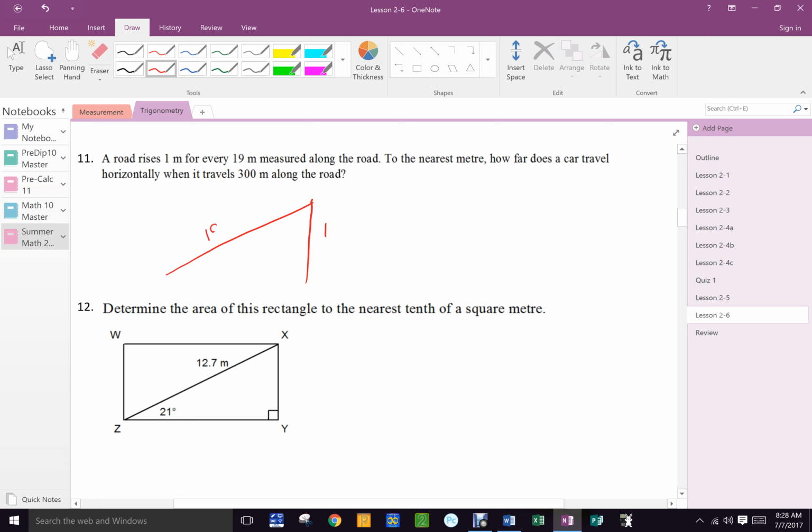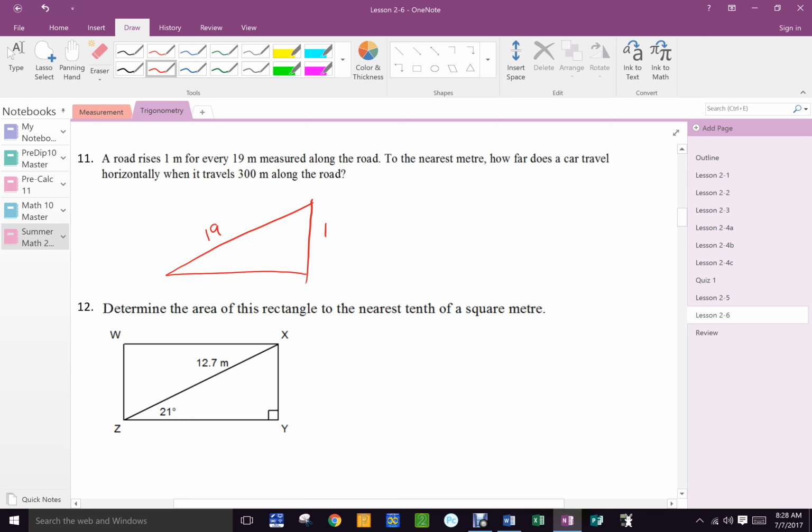The 19's got to go there, doesn't it? Because if I'm driving in a car, I got to drive up that road, don't I? I don't drive through the middle of the mountain and then get an elevator up the top, do I? No. So that is my triangle.